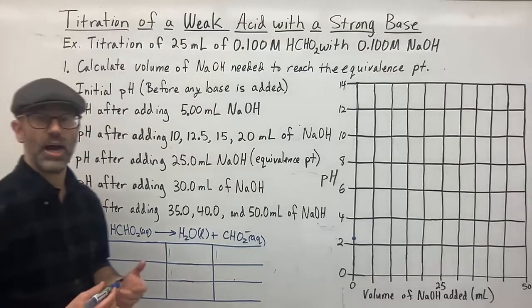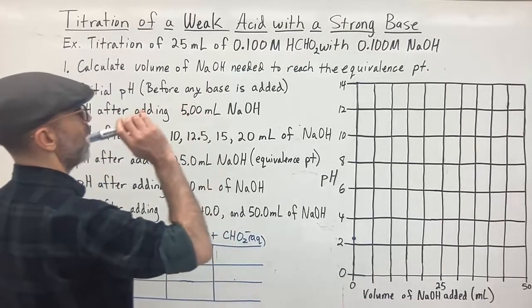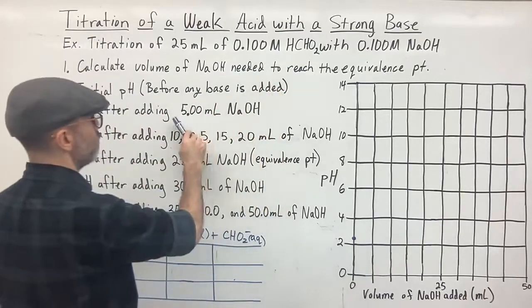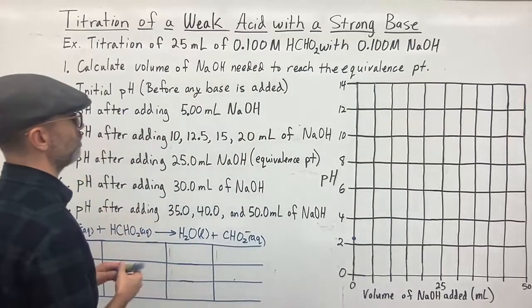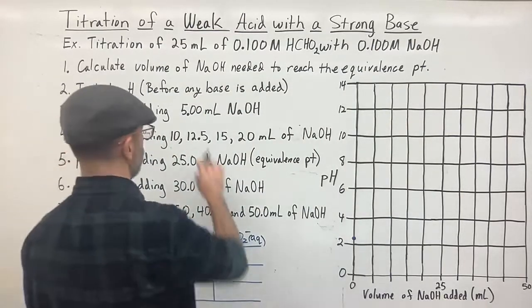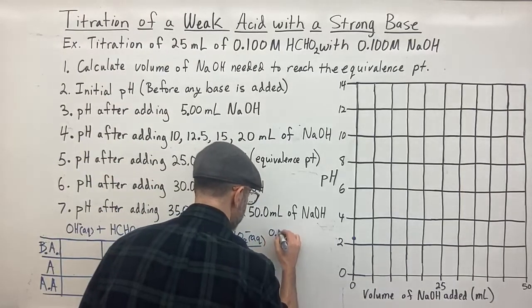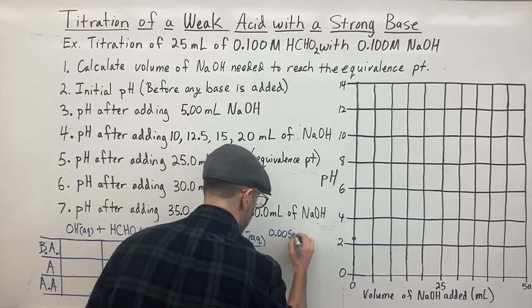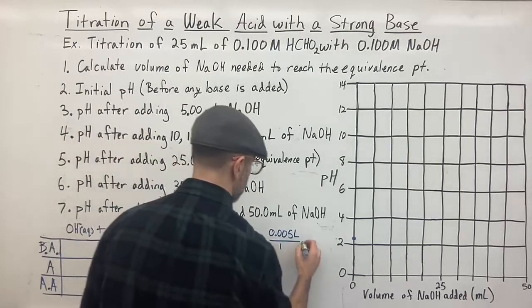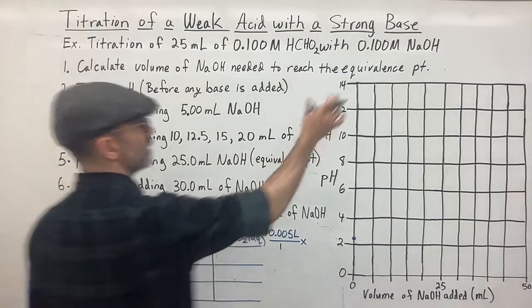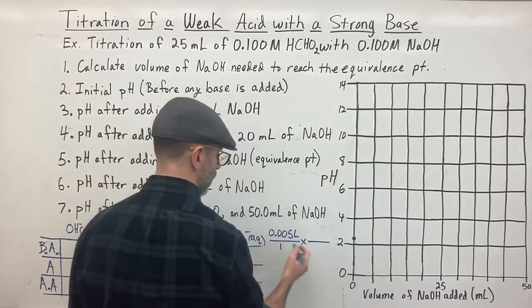So we need to figure out the number of moles of NaOH that we add. So again, we're going to take the volume and the molarity and calculate the number of moles. So we're going to convert this to liters. So we have 0.005 liters of our NaOH, and we're going to take the molarity and multiply using it as a conversion factor.